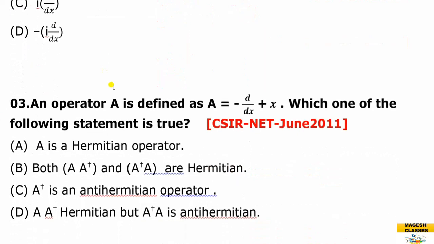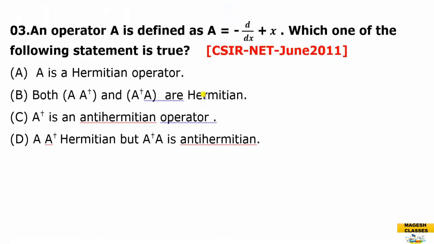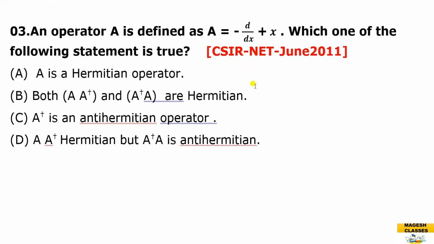Next one. An operator A is defined as A is equal to minus d by dx plus x. Which one of the following statements is true? A is a Hermitian operator. Whether it is Hermitian or not, we have to check. To find out if it is Hermitian, the operator dagger should equal the operator.